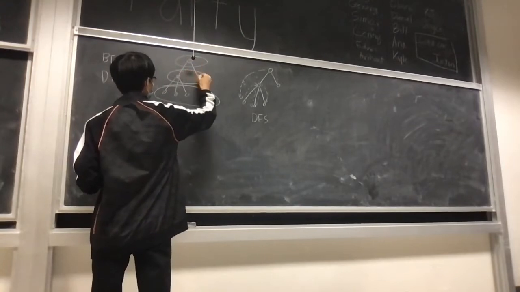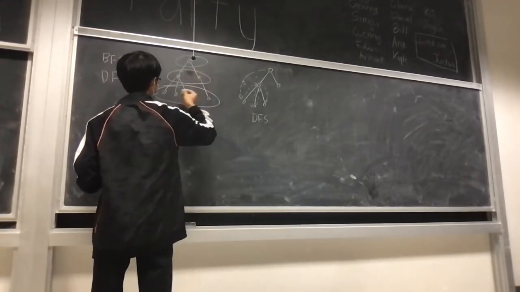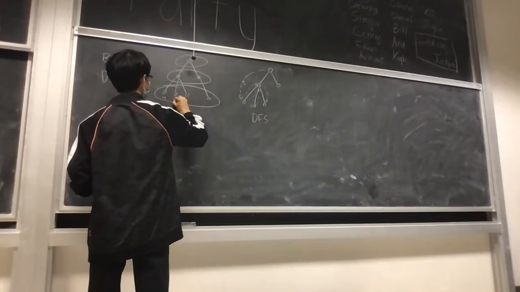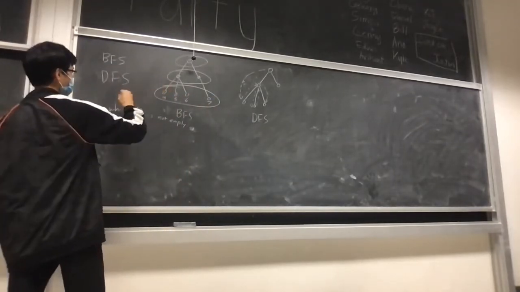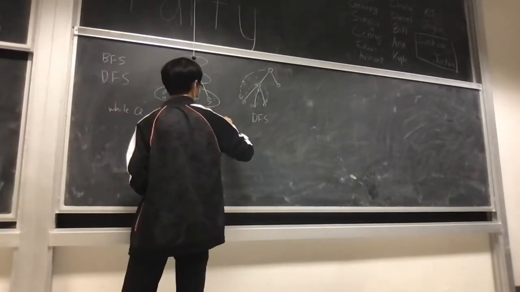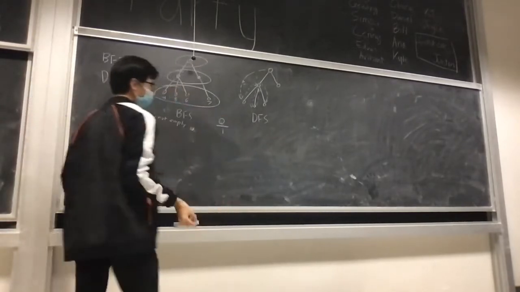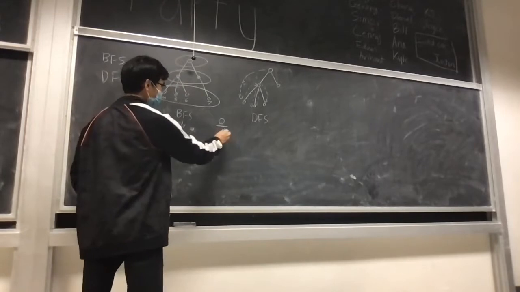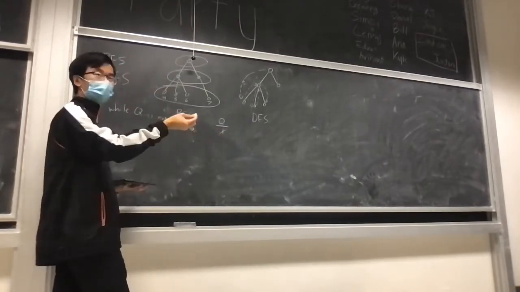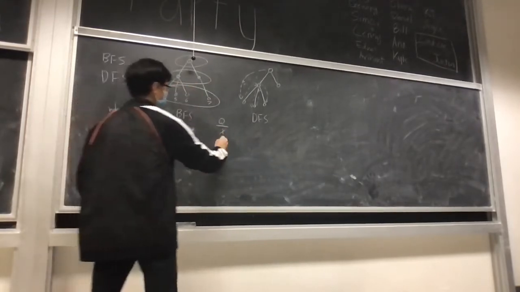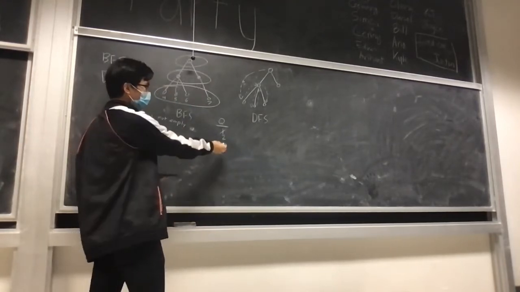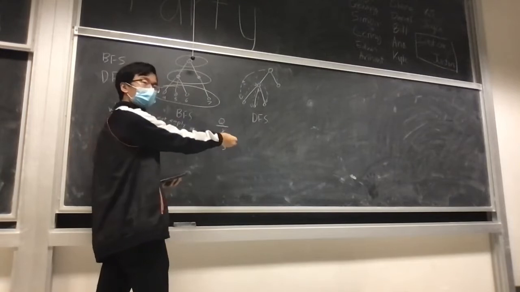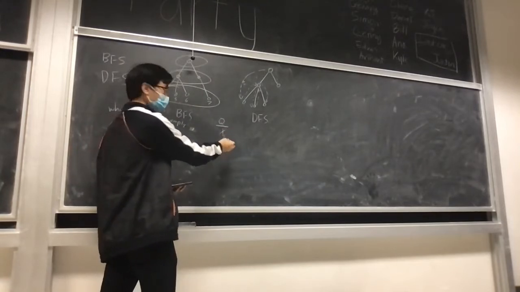If we assign numbers, these are a bit small, but let's just say 4, 5, 6, and 7. Then we would first push in 1. We take 1, cross it off, and then we check its neighbors. In this case, it's 2 and 3. So you add 2 and 3. And then you check the front of the queue, which is now 2.